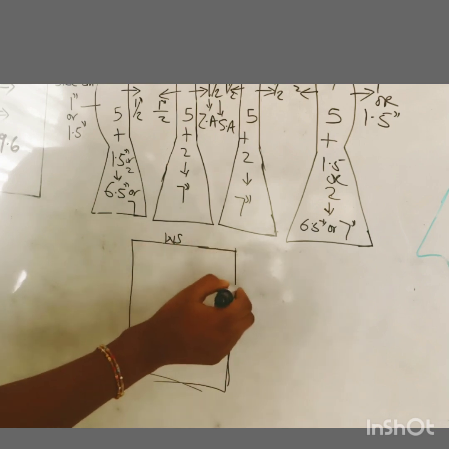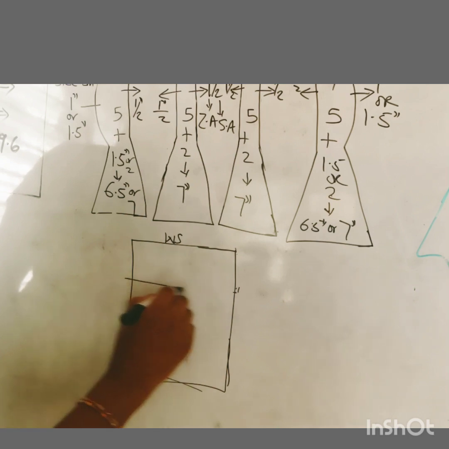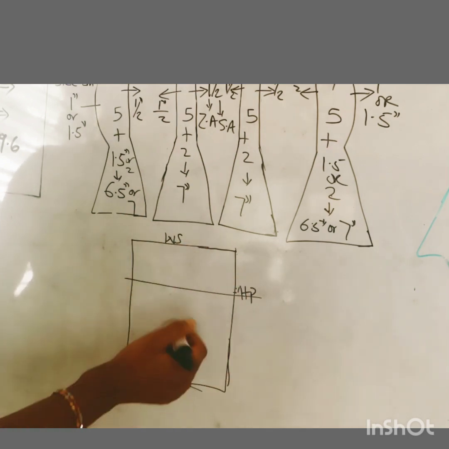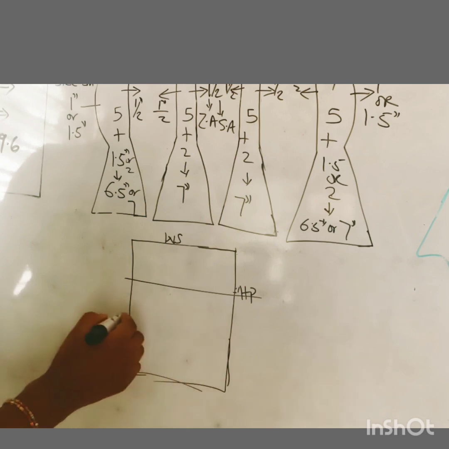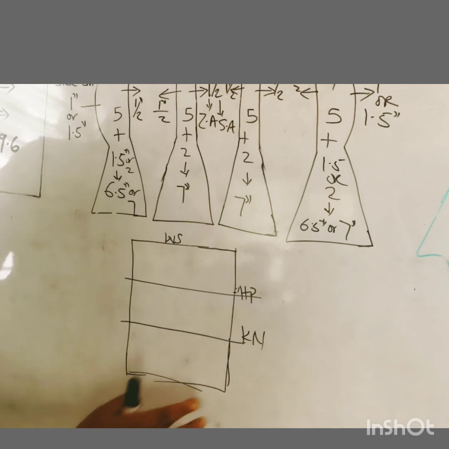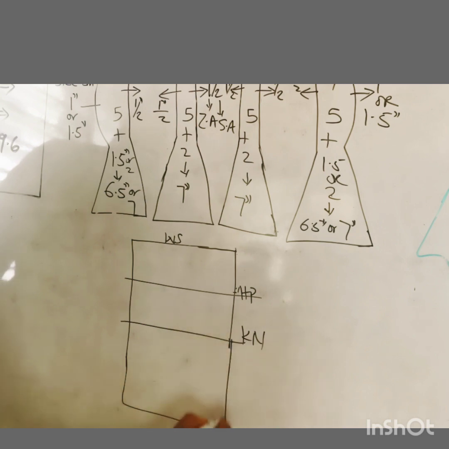Your hip can be 8 or 9 depending on the customer. So assuming the hip is around here, hip. Then also remember that you also need the knee. So let's assume that this is the knee area, and then let's assume that this is now the hem of the skirt.